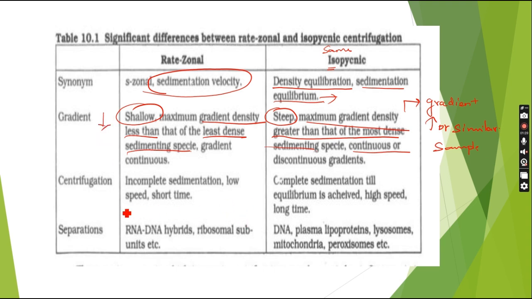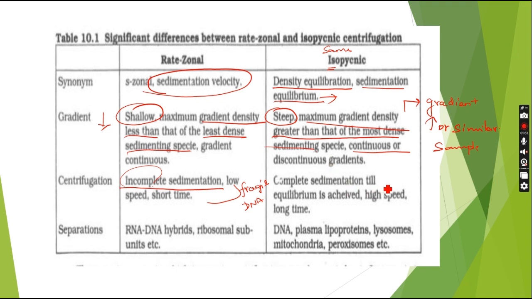In the case of rate zonal, there is going to be incomplete sedimentation at low speed and short time, where very fragile components like DNA can be separated. Even though it is incomplete sedimentation, fragile components can be separated without disturbance in rate zonal.